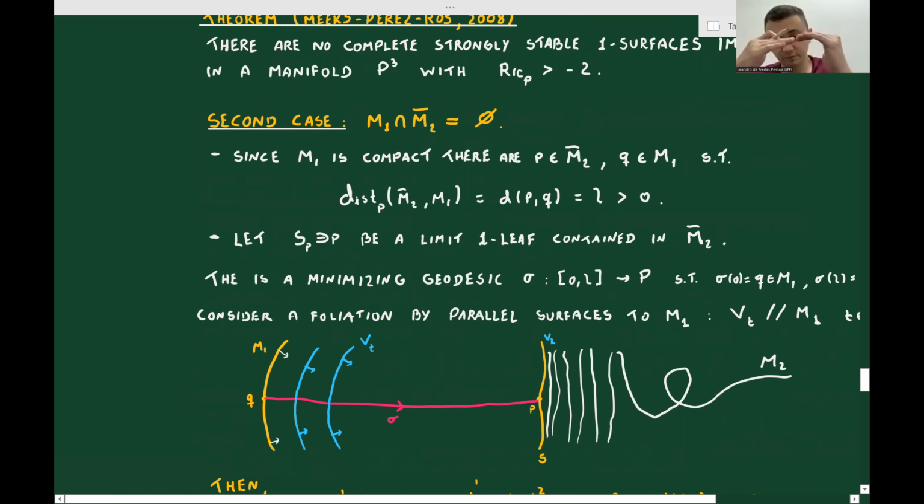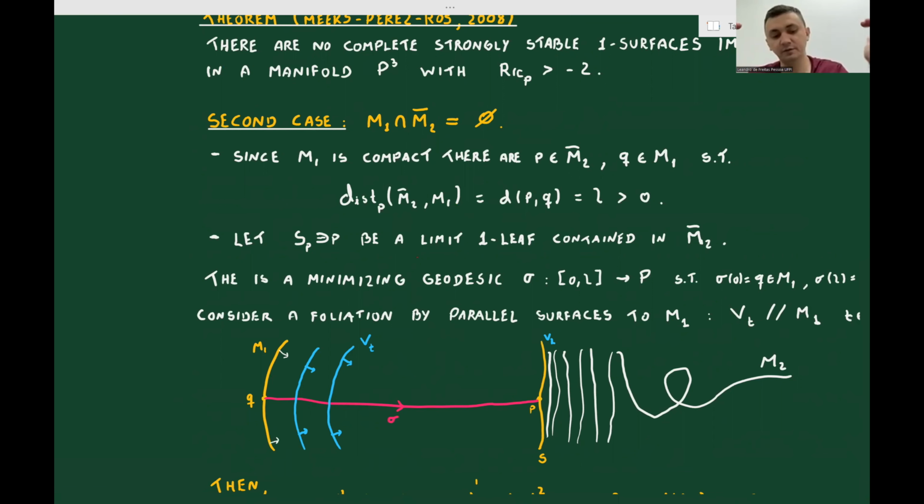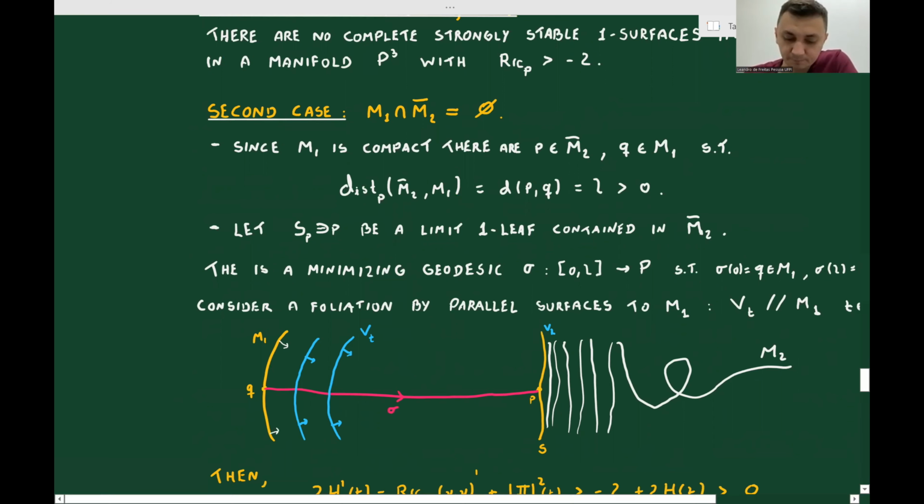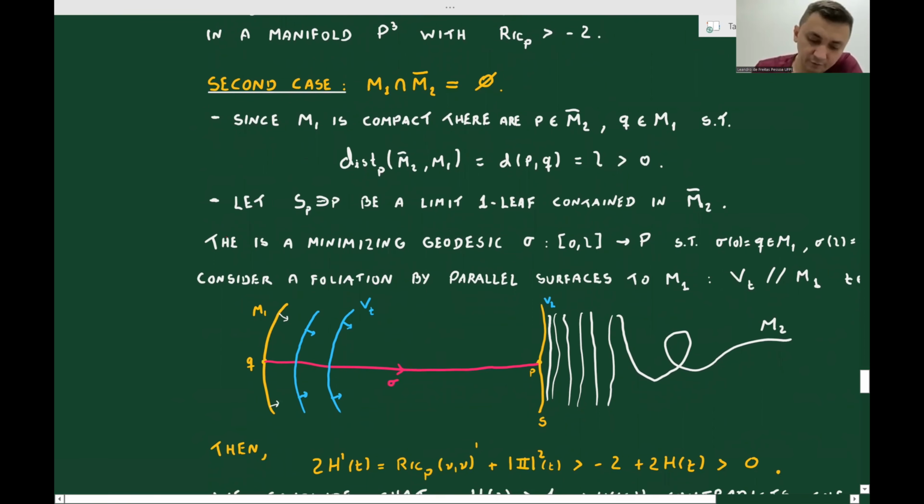So we build this complete minimal surface inside the closure of M2. In this case, there is a minimizing geodesic sigma such that sigma is this segment in red here. It starts on Q and finishes on P.